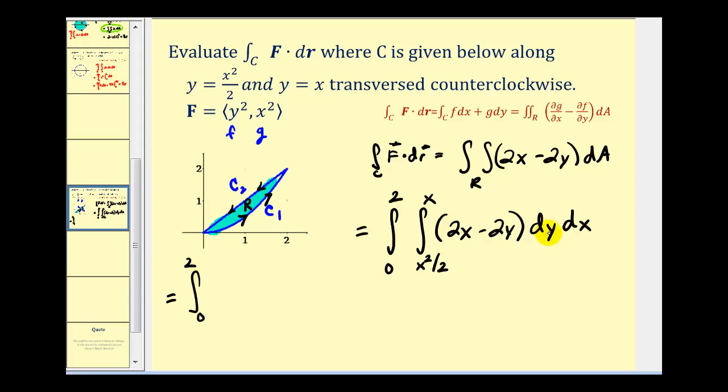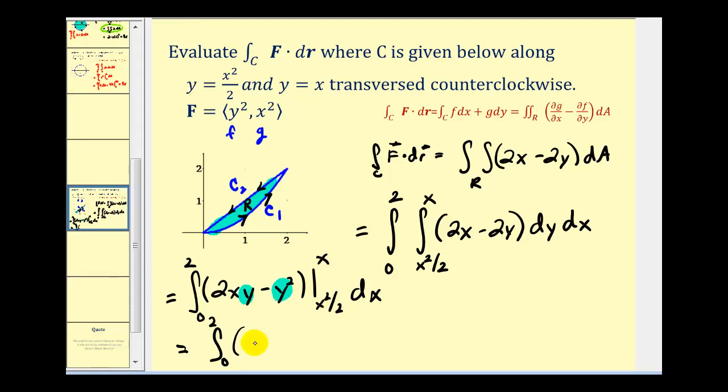So we'll first integrate with respect to y, that'll give us 2xy minus 2 times y squared over 2, or just minus y squared. We'll evaluate this at our limits of integration. Remember, we're replacing y with our limits of integration. So we're going to have 2x times x, that's 2x squared, minus x squared.